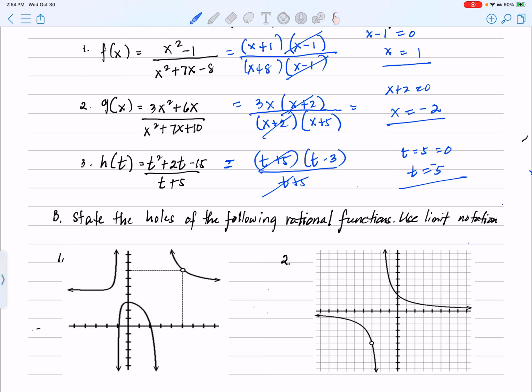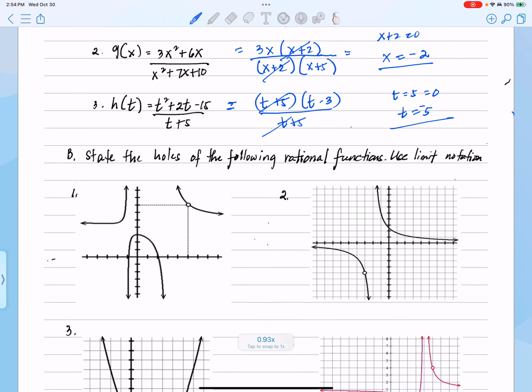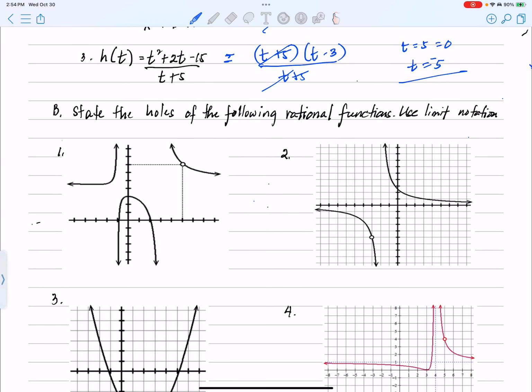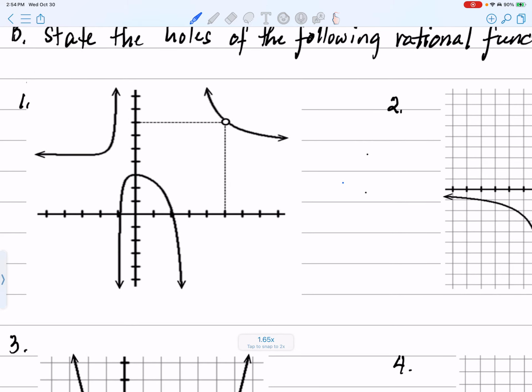State the hole of the following rational function and use the limit notation. Okay, let's start with this figure right here. As I've said, you have to find where the x value is: 1, 2, 3, 4, 5. That's the location of your hole.